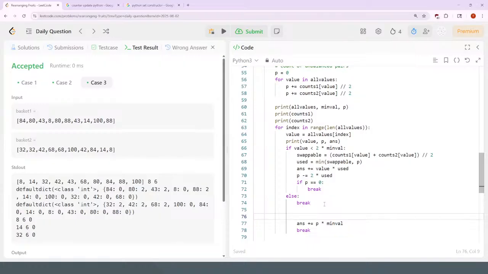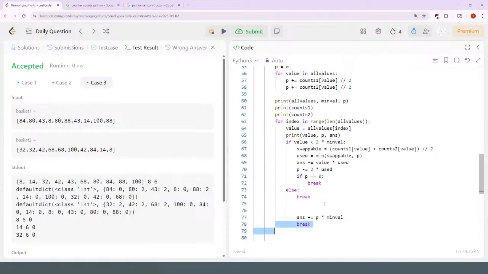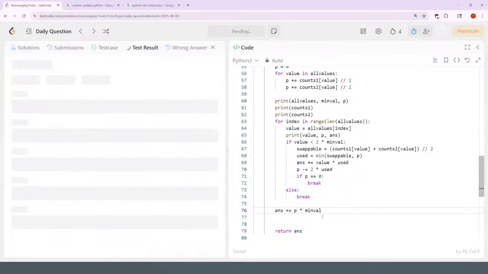And then answer plus equals p, the remaining p, times the value. How do I delete? Oh my god, I can't remember how to delete one. Sometimes I just blank out of my muscle memory.